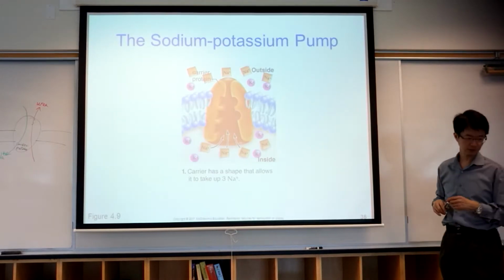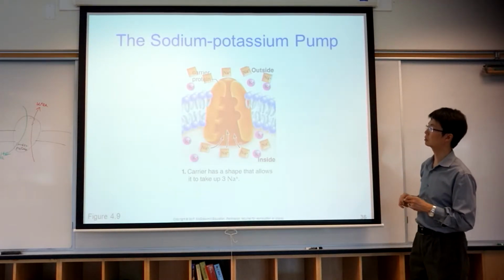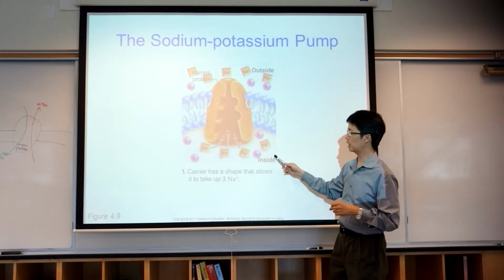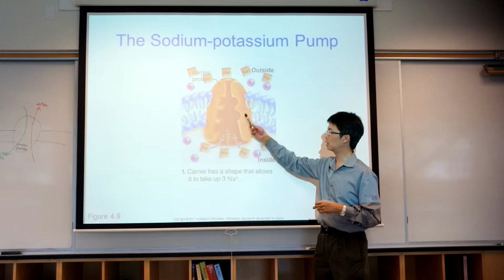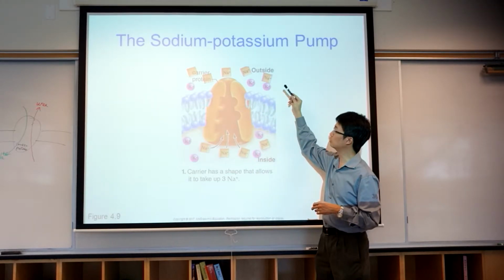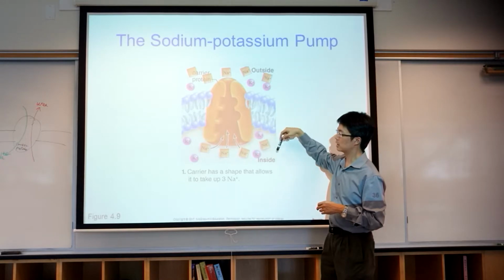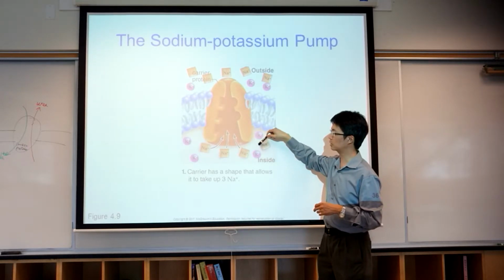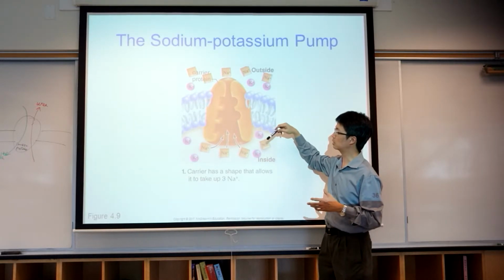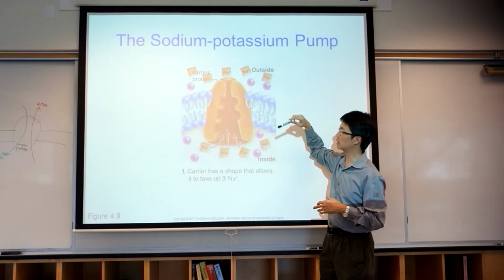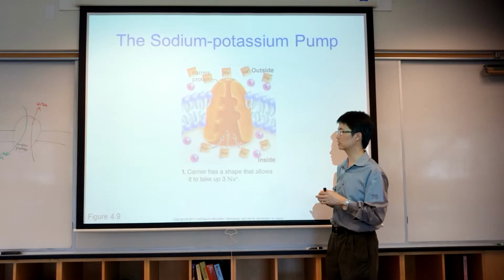So this is an example of the sodium-potassium pump. Normally outside of the cell you have very high sodium concentration, and inside of the cell you have low sodium concentration. The opposite occurs for potassium: inside of the cell you have very high potassium ion, and outside of the cell very low potassium concentration.